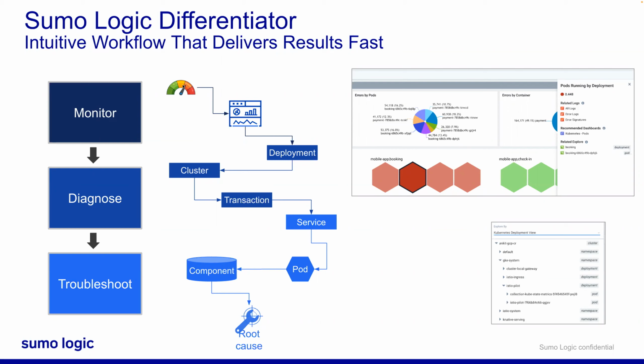With monitoring, it's fairly easy to create a graph, as we're showing at the very top, of green, red, and something weighted in between. That's not very hard. But what does get more difficult and requires more data is getting deeper, starting to look at the deployment layer, going deeper into the cluster, down to the pod layer, and ultimately the component layer, continuing to drill down further and further to ultimately get to that root cause.